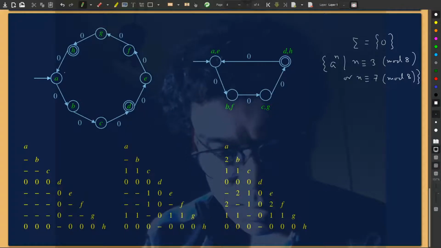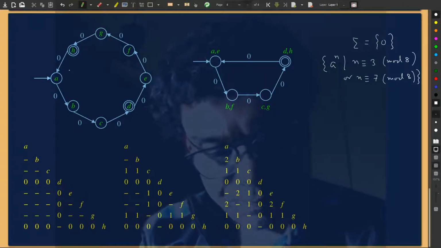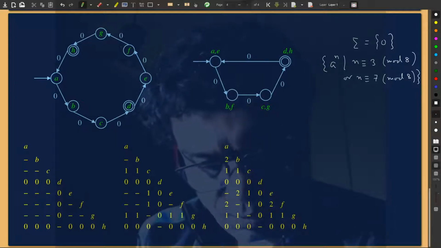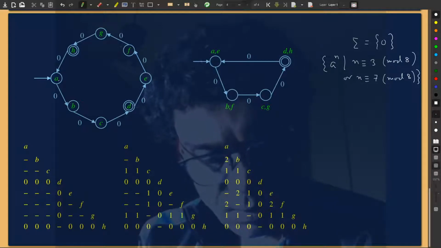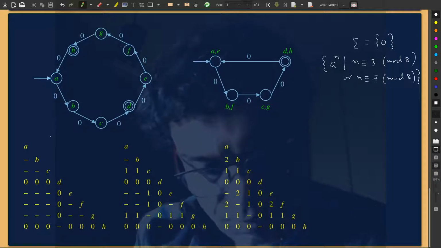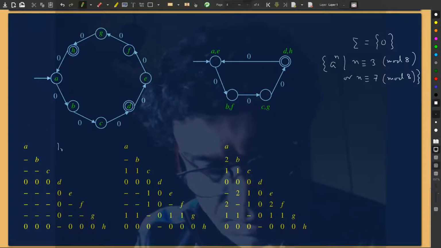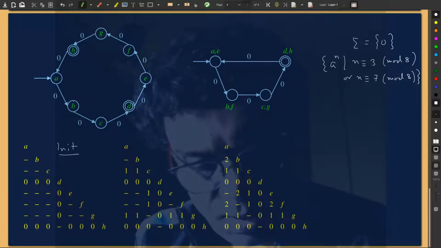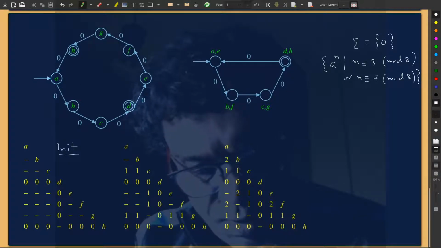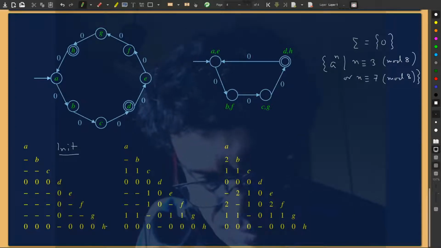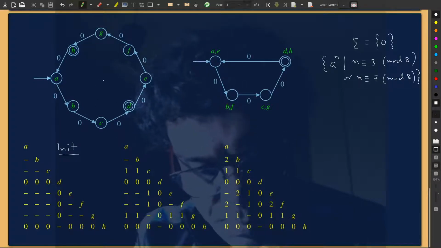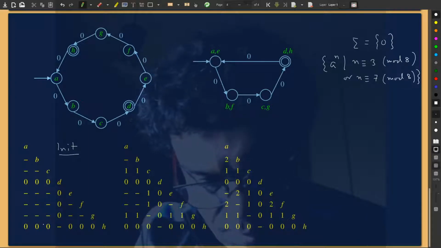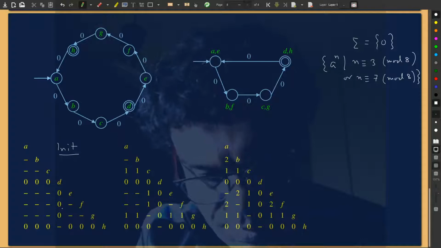Okay. And then D and H are the only accept states. Non-accept states are A, B, C, E, F, G. Okay. So this is after initialization, that is step 2. Okay. So for A, I will mark the pairs AD and AH only. So AD, AH, also BD and BH, CD, CH.